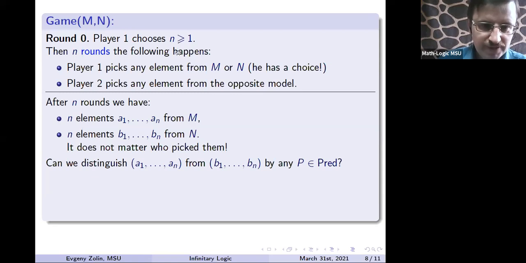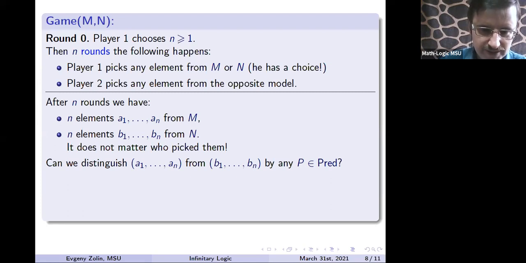But we have in our language some predicate symbols, unary predicate symbols, binary predicate symbols. By the way, these games are defined for finite signatures. So we have finitely many predicate symbols. And now we try to find the following. Can we distinguish these two tuples of elements by any predicate symbol?